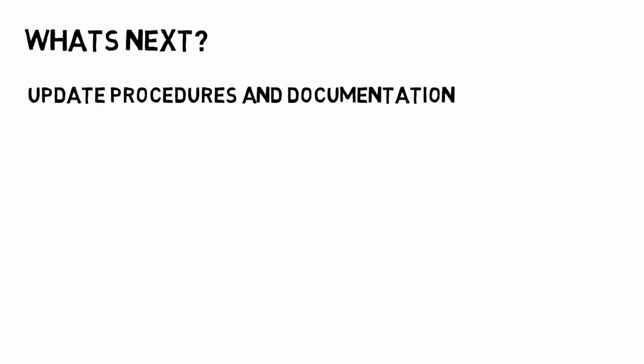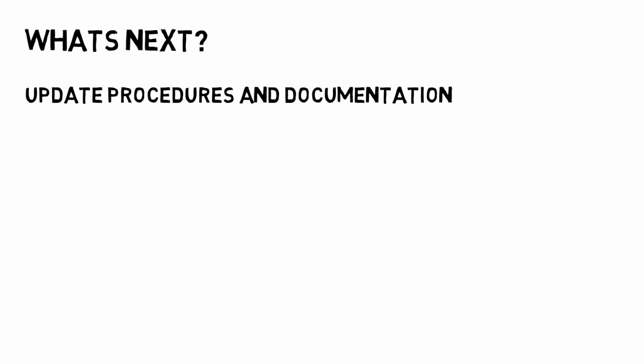What's next? For organizations conducting clinical trials, adopting the new GCP E6(R3) guidelines will require the following steps. Update procedures and documentation. Revise internal processes to align with the new requirements. Train staff. Conduct training sessions to ensure clinical trial staff understand the updates and their impact on current practices.